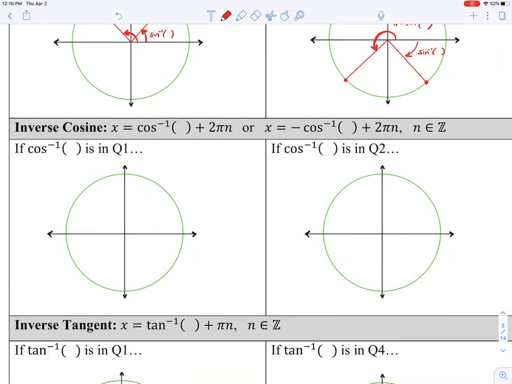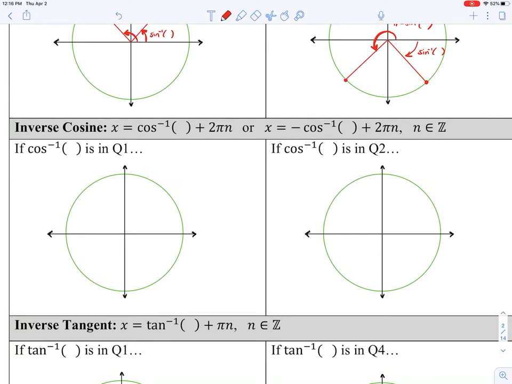So you have cosine of x equals a ratio that's between -1 and 1, then your general solution set would be x equals inverse cosine of that ratio plus 2 pi n, or x equals the negative inverse cosine of that ratio plus 2 pi n, where n is an integer.